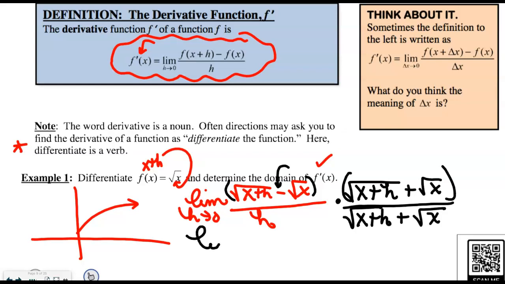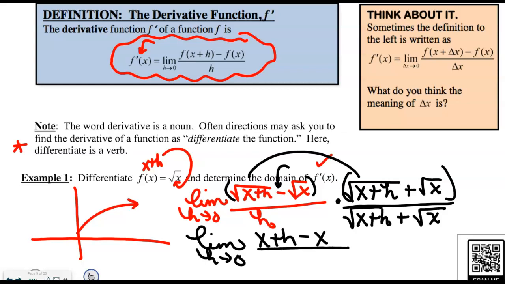When I FOIL the top, I've got my limit as h is creeping up on 0 of, and then I have my x plus h when I do my firsts. Outsides and insides always cancel with conjugates. My lasts are root x, root x. On the bottom, when I multiply these two, I've got kind of a mess, but that's okay. It'll clean itself up here.